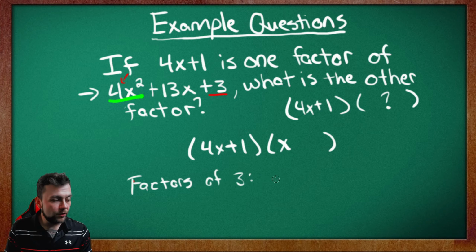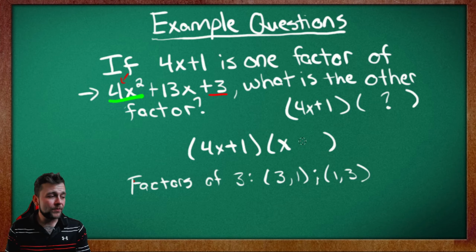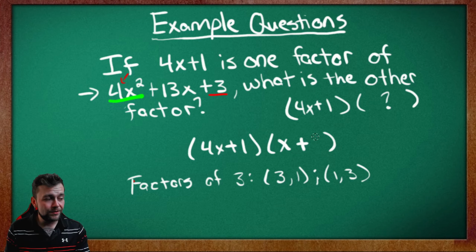That would just be 3 and 1, and 1 and 3. Okay? Those are the only two factors of 3. So that means that no matter what, this answer here is going to be positive, right? And it's either going to be a 3 or a 1 here. And what we can just do is put 1 in.